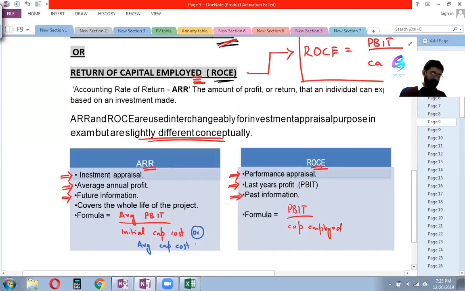So it can be on the basis of initial capital cost, and it can be on the basis of average capital cost. Is it a choice for you guys in your exam?